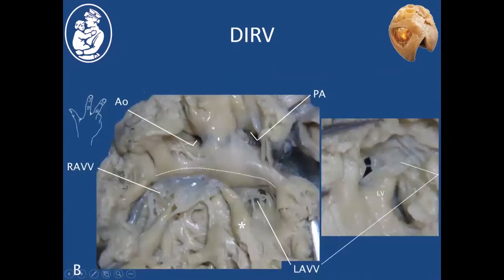This is another example. Here you can see the right AV valve over here, a smaller left AV valve on this side, and behind there you see an opening. And on the other side of that opening is this little left ventricle. So here's the smooth septum here, and it's just a very small chamber. That's really all there is to it right here, this little endocardially lined chamber. And you can see here's the left AV valve.